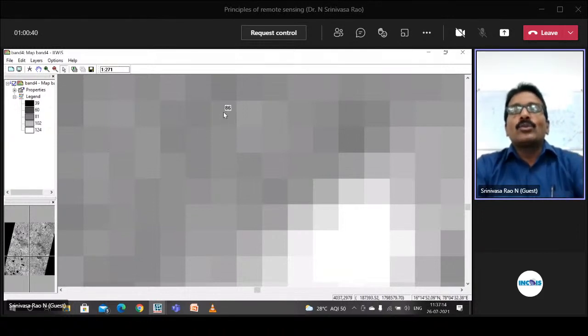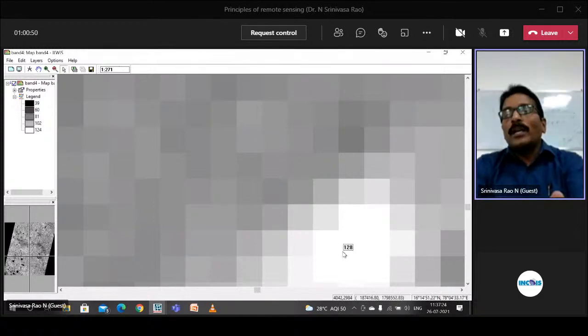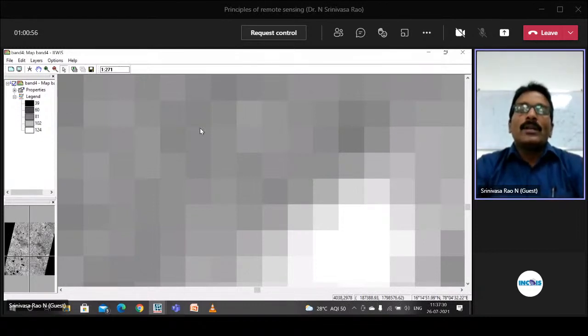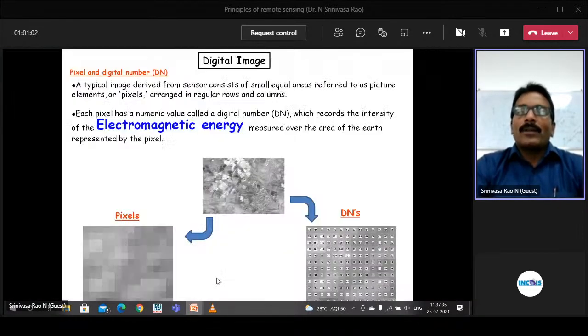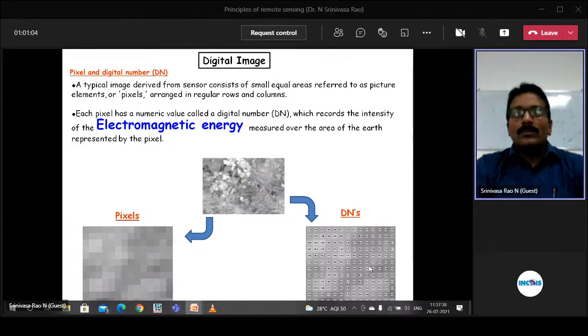If you are seeing the values here: 86, this one 91, this one 89. Now if we come to here, 128. All this DN value depends upon how much energy is reflected from the ground. This is the DN numbers image. Just briefly I am giving this; later we will go one by one.